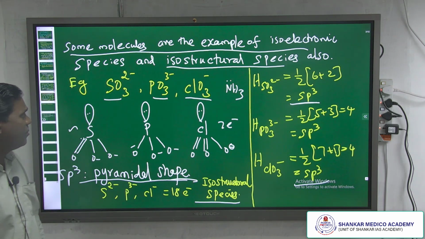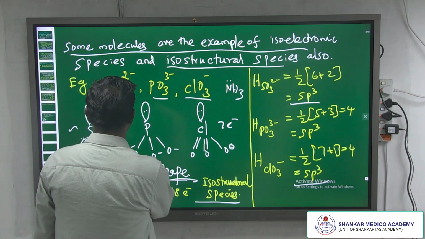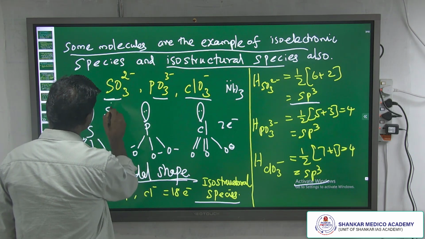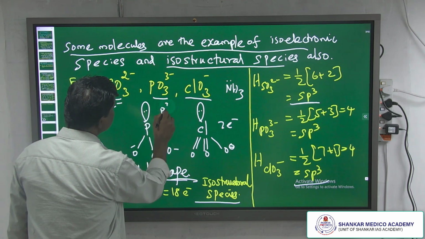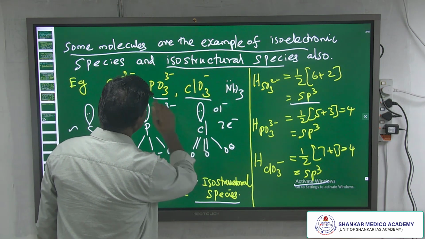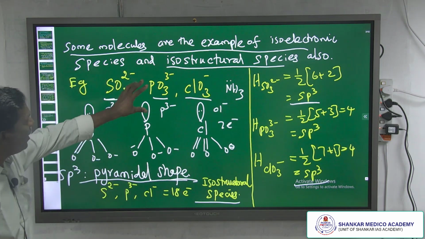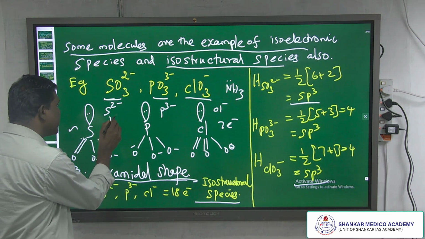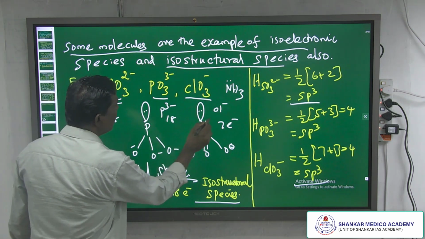So in this case, of course, you can see here S2 minus, P3 minus, Cl minus, all of them having 3 oxygen atoms as a common, so you can see the number of electrons is 18, 18, 18.